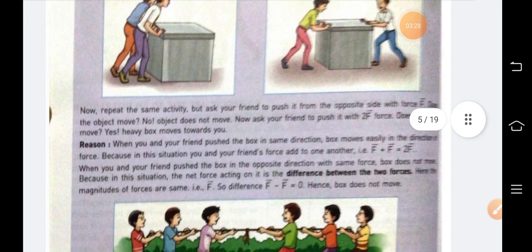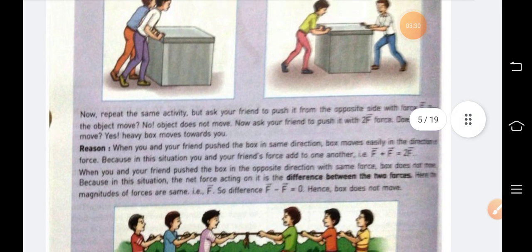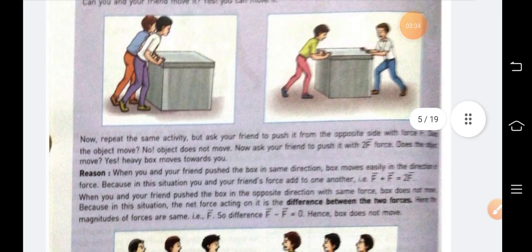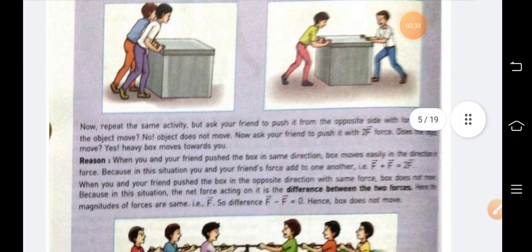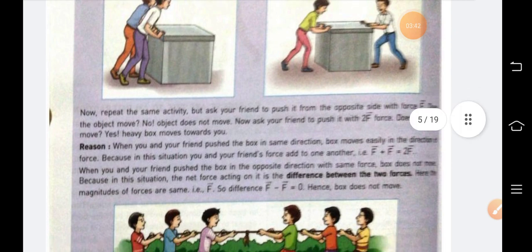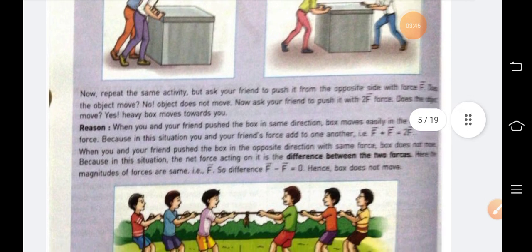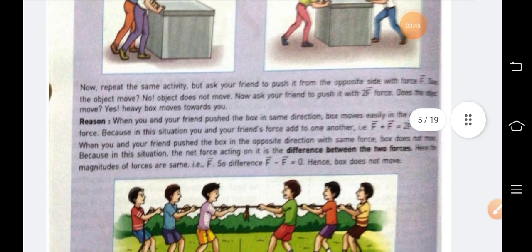Now ask your friend to push it with 2F force. That means the force is increased. And this time we will see that the box will move towards you because more force is applied by your friend. So what is the reason?